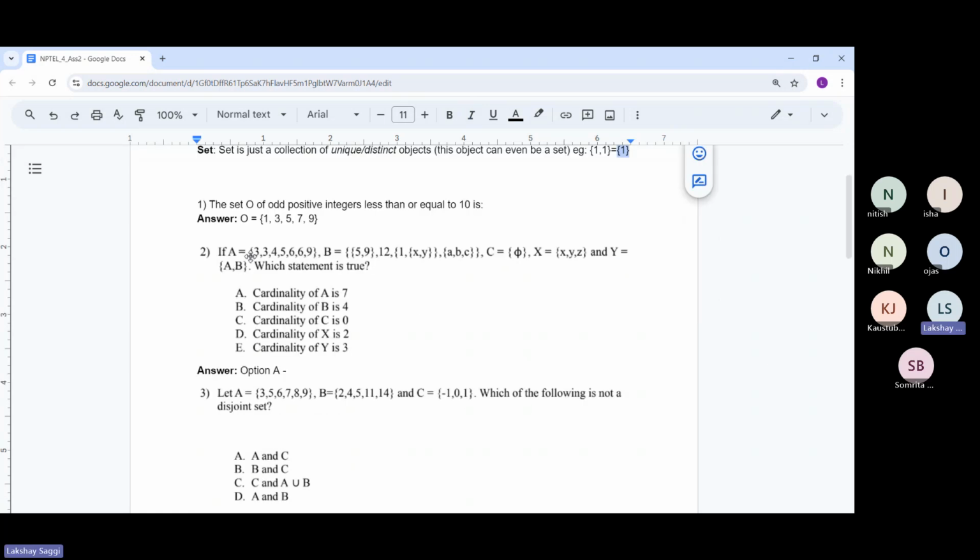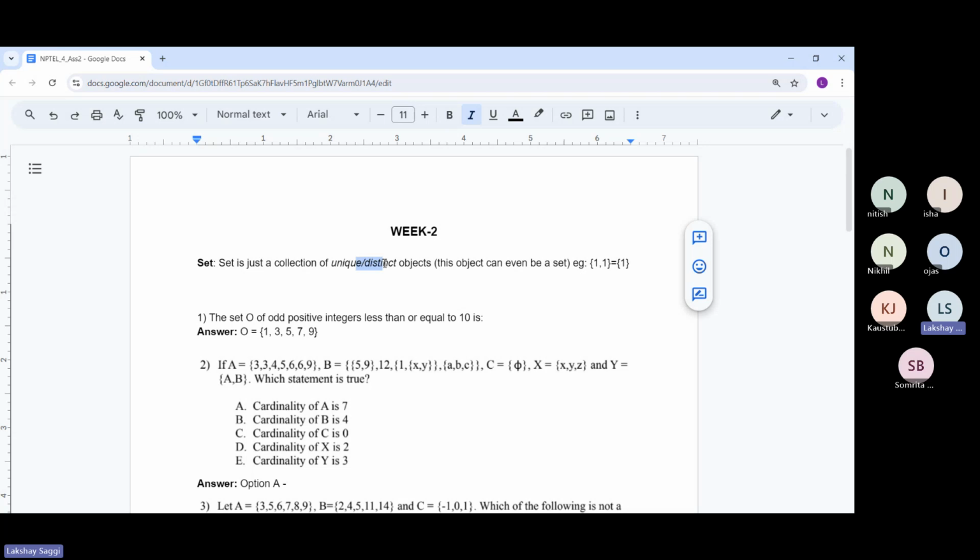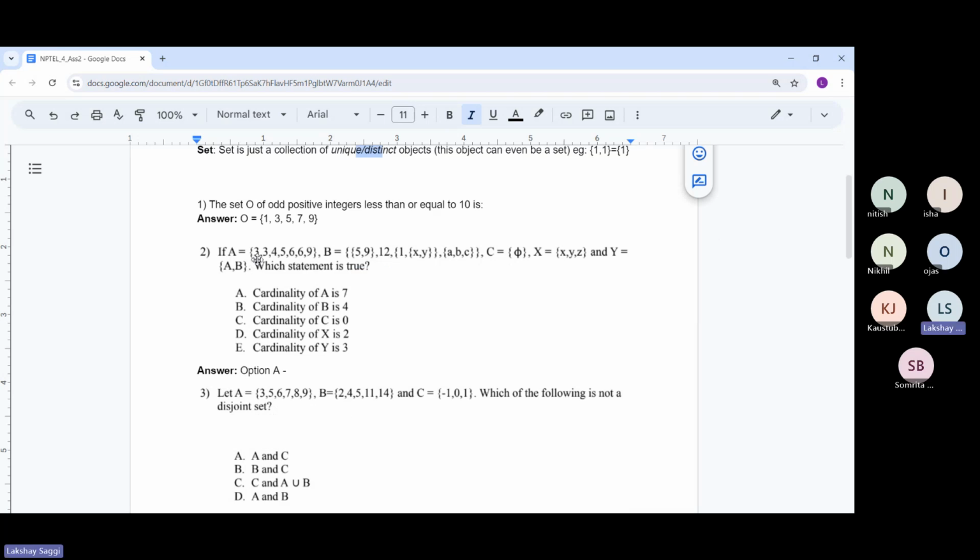So here we see that in option A, if we count the number of elements directly, there are 1, 2, 3, 4, 5, 6, 7 elements. But these 7 are not distinct elements, and we need distinct elements in the set. So what are the distinct elements of set A?